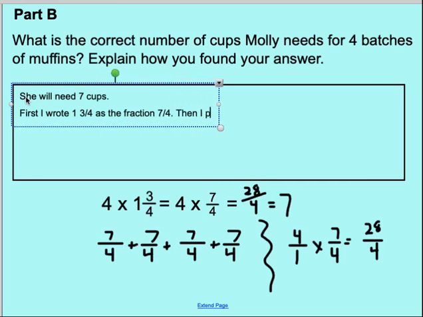Then I multiplied, or whatever you did, right? You multiplied 4 times 7/4, which equals 28/4 equals 7. Okay, or something to that effect.